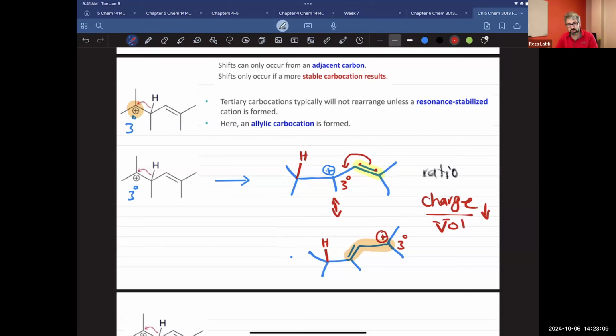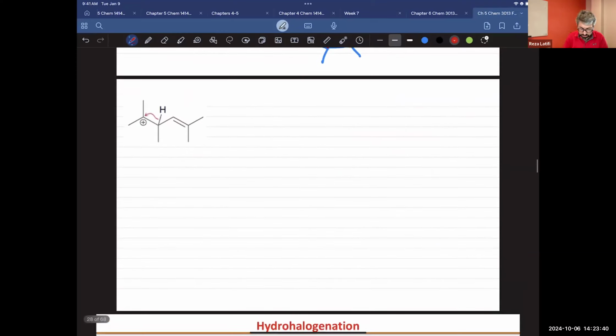I didn't change the charge. The charge is still +1, but the volume used to be localized on one atom, and now it is delocalized through resonance. It's better to do the 1,2 hydride shift, and that's the reason it's going to happen, because we get an allylic carbocation.